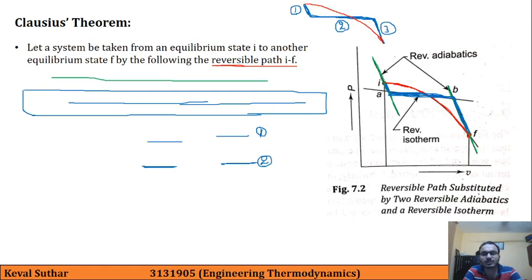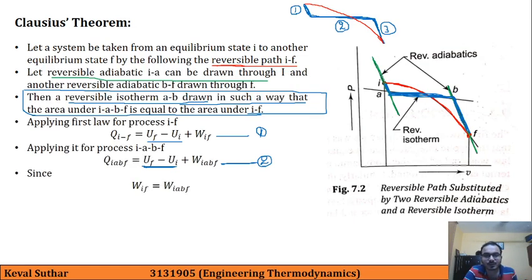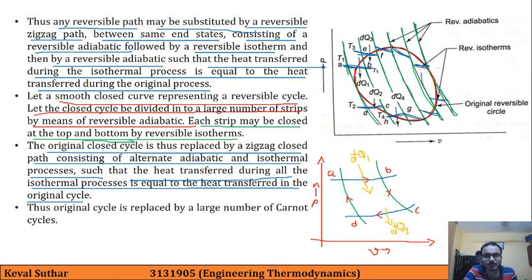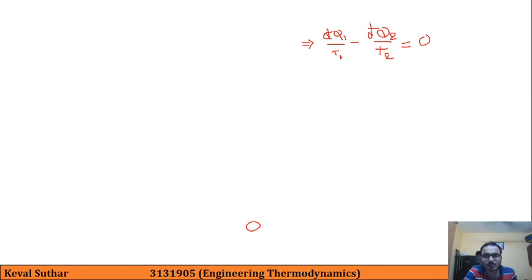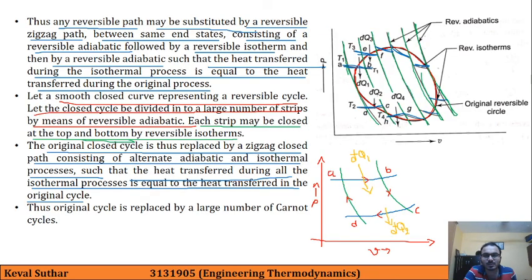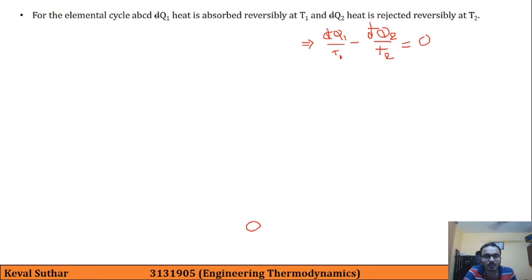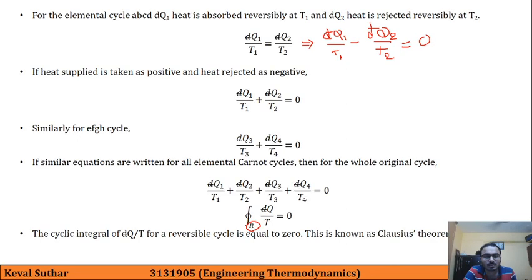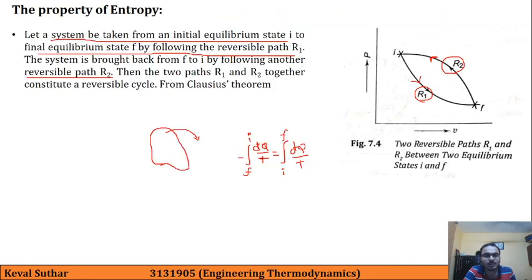We started with Clausius theorem, and then we proved that entropy is a property of the system.